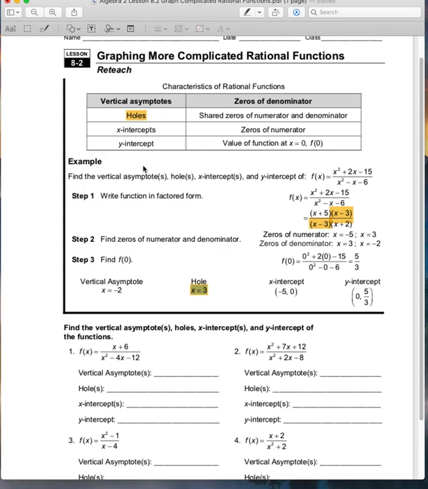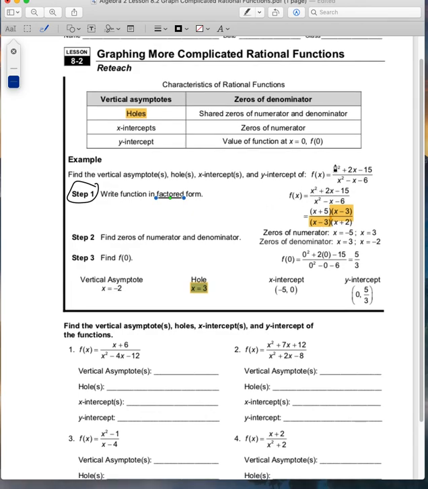And notice the first thing you have to do is factor. Okay, the first thing you have to do is factor. So they're not going to let you forget that's important to know how to do. So they have the original function, x squared plus 2x minus 15 over x squared minus x minus 6, and then you put it in the factored form.